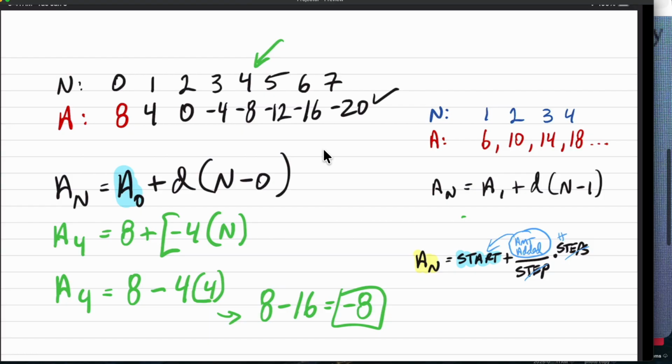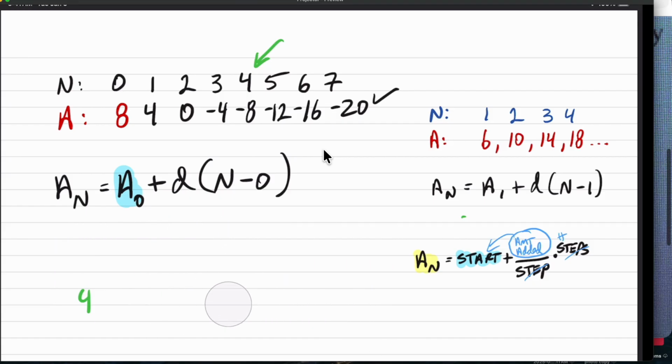Okay? Now, folks, you can start at a sub 1 if you want. You're not committed to starting at a sub 0 here. You could start anywhere on this sequence as long as you follow the rules that this here has to match that.